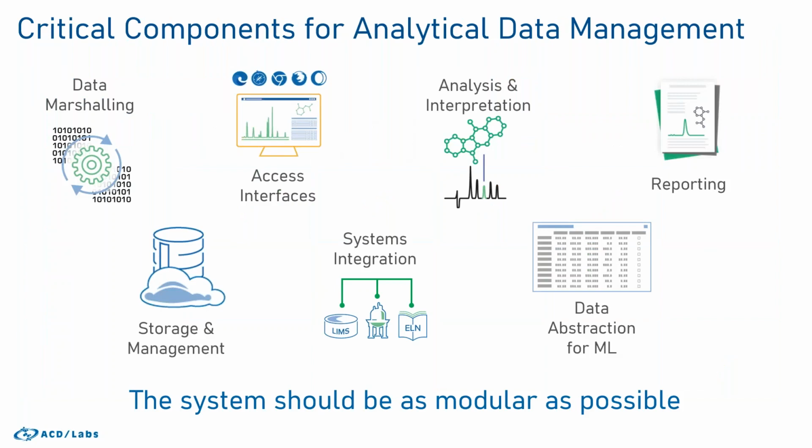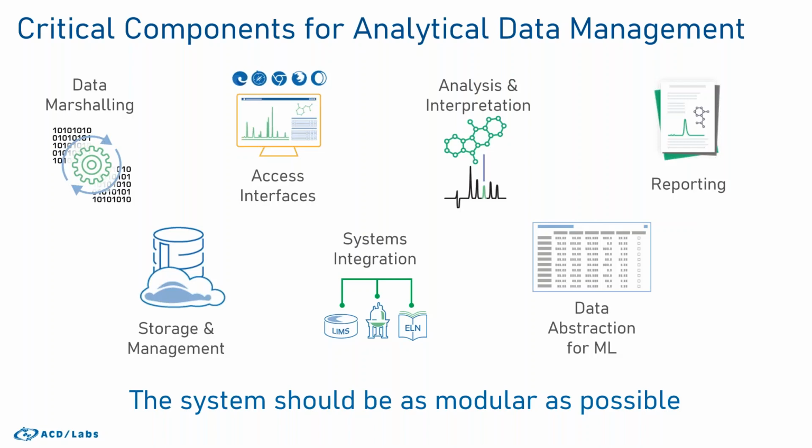When you move on to looking for or designing your analytical data management system, these are some of the components that are going to be critical in terms of how they play a role within the system. There should be some sort of data marshaling system in place, right? Being able to detect a new data file, and transfer that data file from source to destination and every point in between.